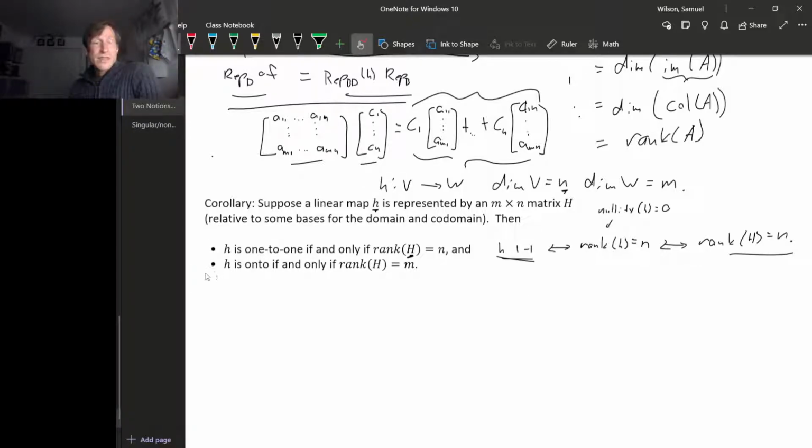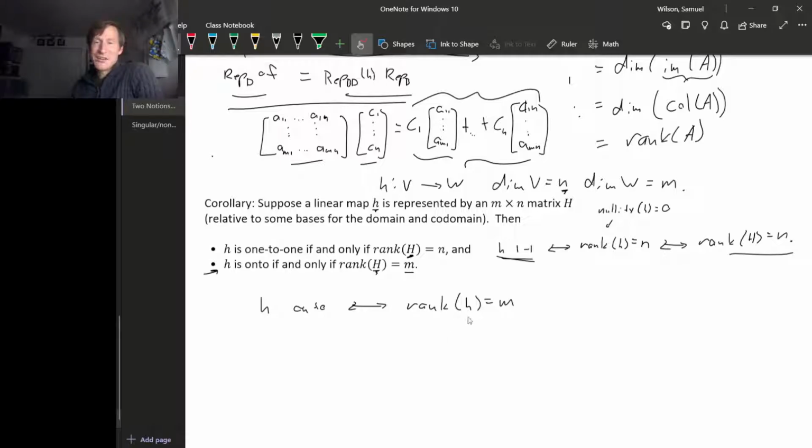Similarly, the linear map H is onto if and only if the rank of the representing matrix is m. And the proof of this is very similar. So H is onto if and only if the rank of H is m, right?